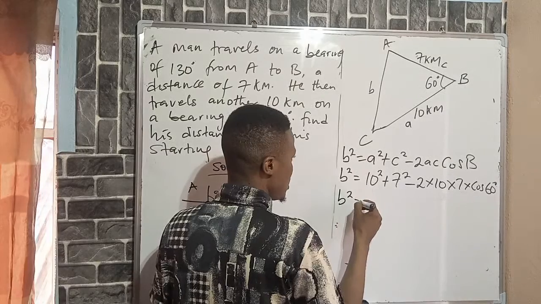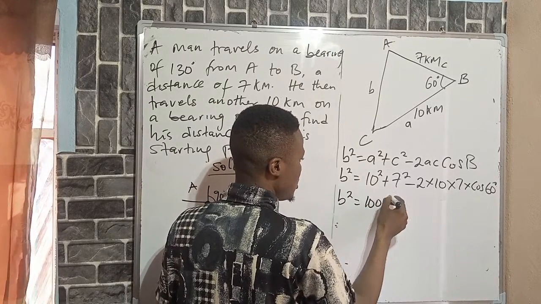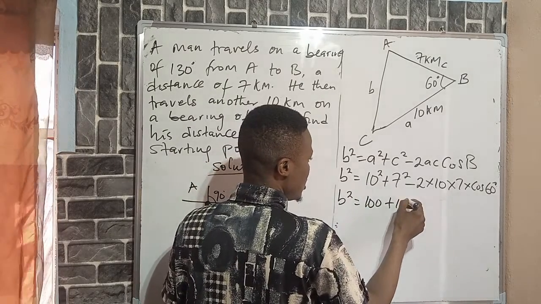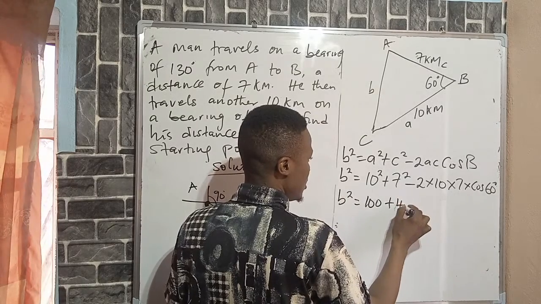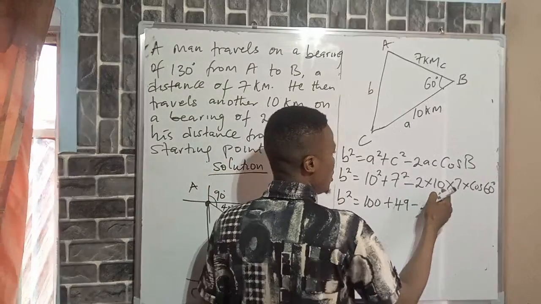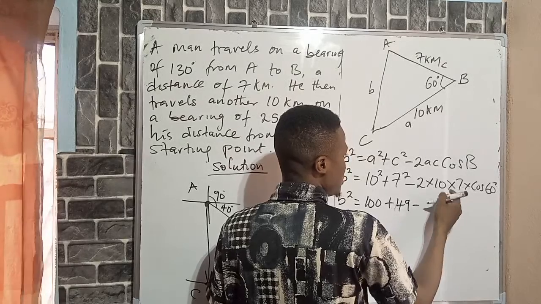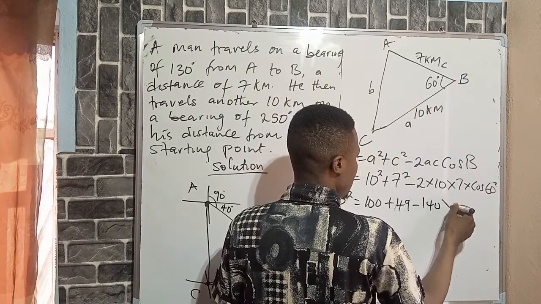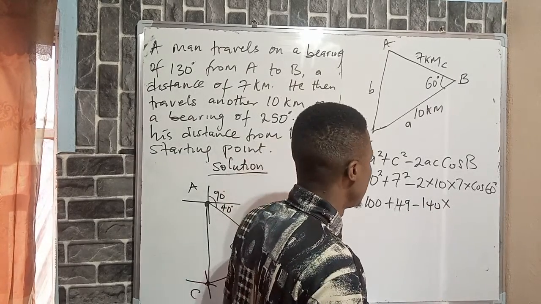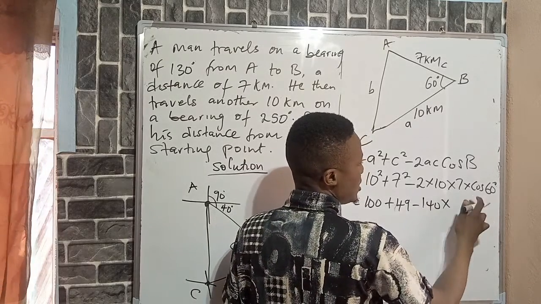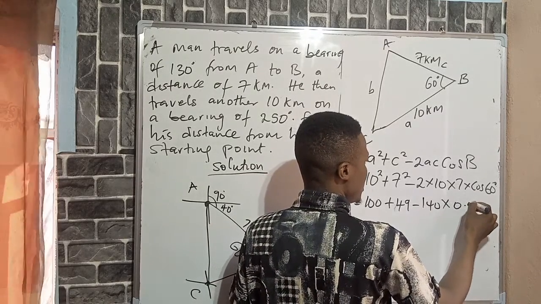So b squared will now be 10 squared is 100, plus 7 squared is 49, minus 2 times 10 is 20, 20 by 7 is 140, times cos 60, which is 0.5.